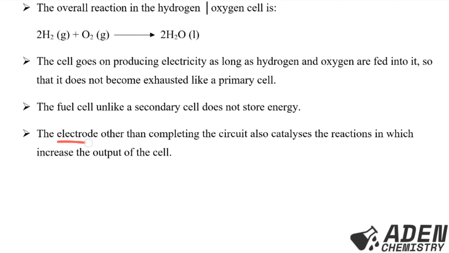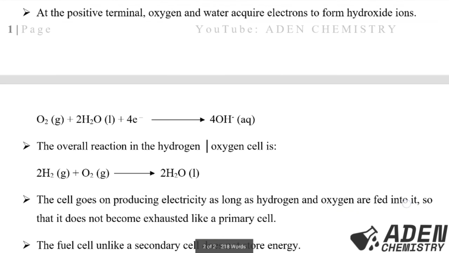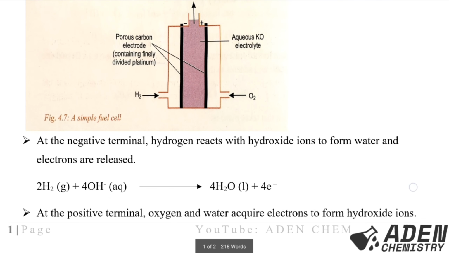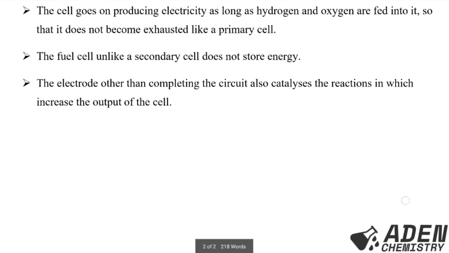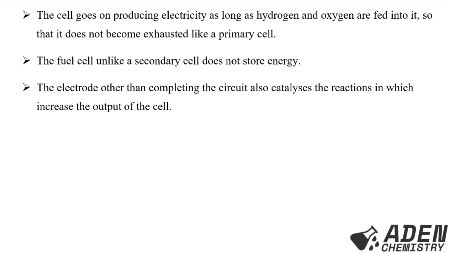The electrodes, other than completing the circuit, also catalyze the reactions. The reaction rate of these electrochemical reactions is low, so we use a catalyst such as platinum or palladium. That's why in the fuel cell we have finely divided platinum. So we use a platinum catalyst to catalyze the cell reaction.